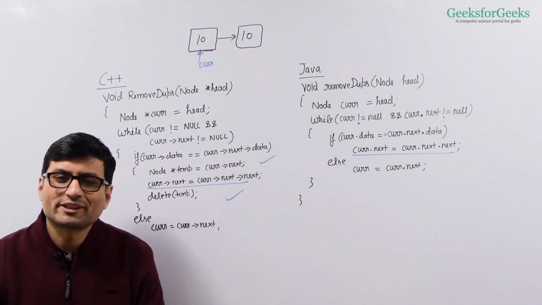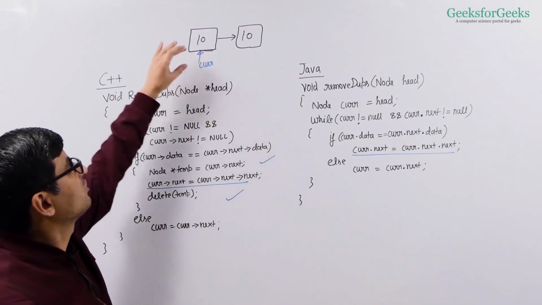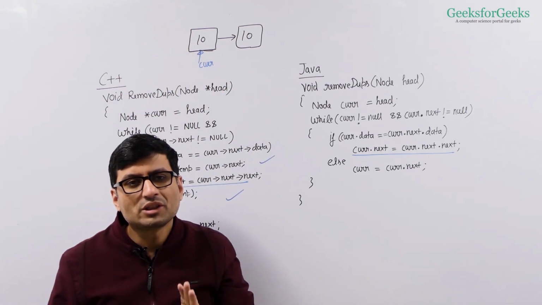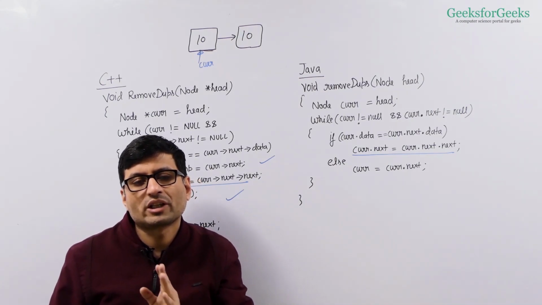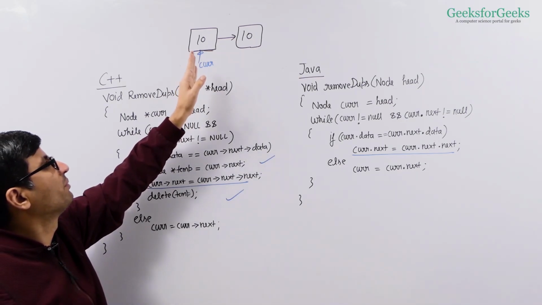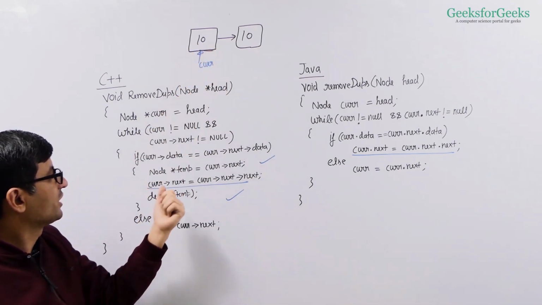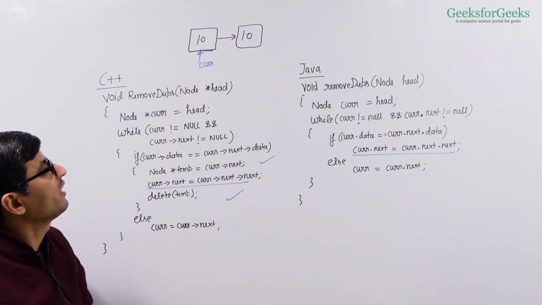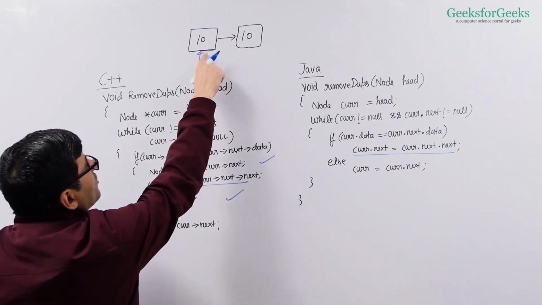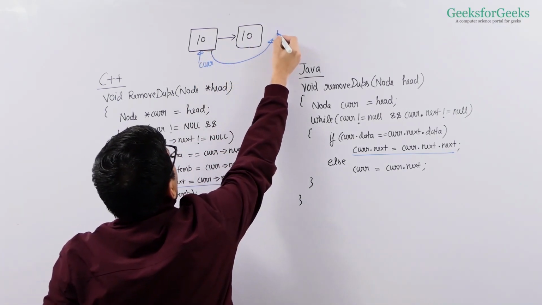Let's now do one more example to understand this implementation better. We have this linked list. We begin current from here, right? And we run a loop. We stop when current.next is null. And inside this loop, we compare current data with current's next data and they are matching. So we are going to fall into this if condition. And when we fall into this if condition, we are going to link this node with its next next, so we are going to change the next link of this to null, right?